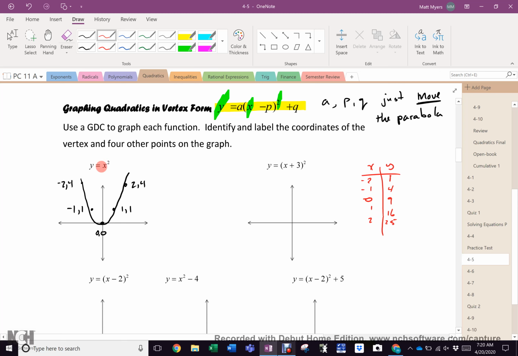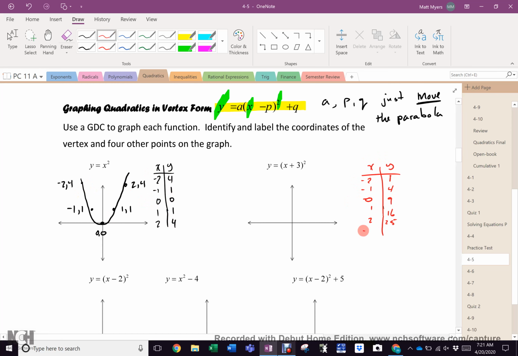You'll notice over here, when we did our vertex, when we used negative 2, negative 1, 0, 1, 2, we got these two repeated y's, so we knew we'd hit our vertex. Did we repeat any y's here? We didn't. And you can see we're getting bigger and bigger and bigger from negative 2. So we got to get some of these to repeat. So let's go the other way.